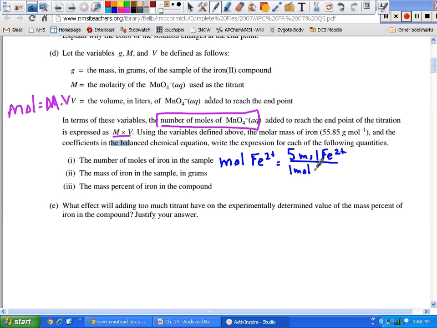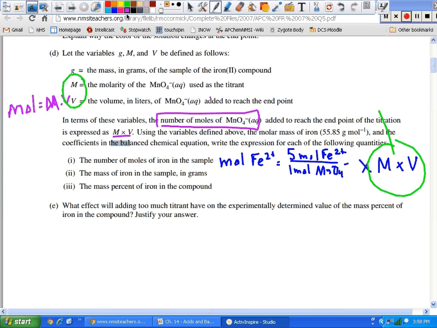Where'd that come from? The coefficients, right? And for some reason, it then does this. No, it wouldn't, because basically it would be flipped. You see what I'm saying? We're starting with the end result on the back side, which is weird. And I guess because they tell you to use this, they want that. But all this tells you is moles.